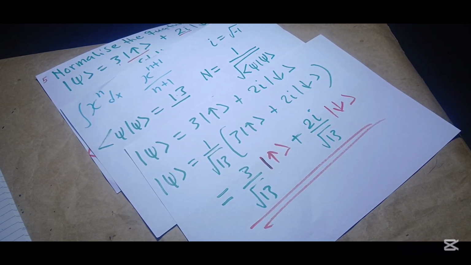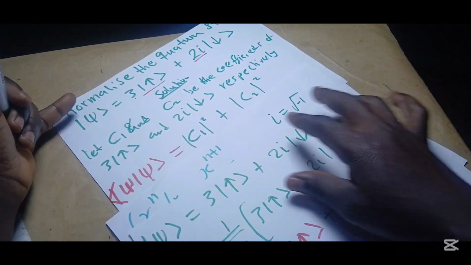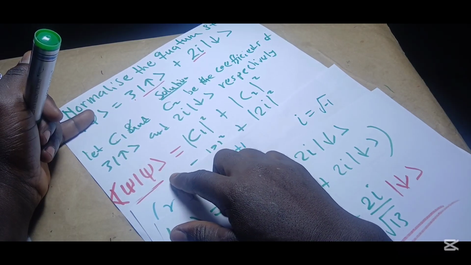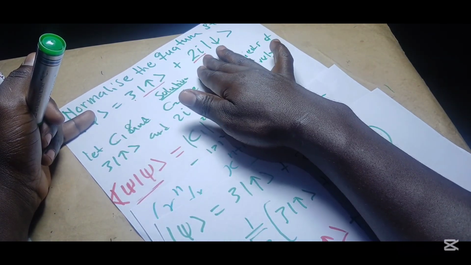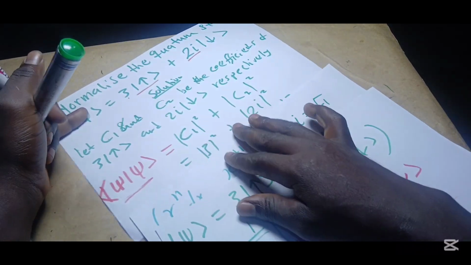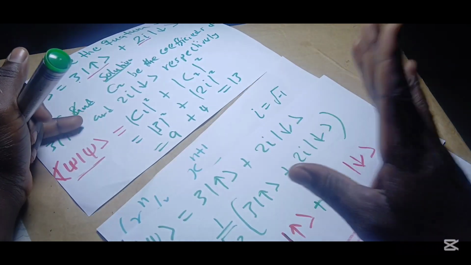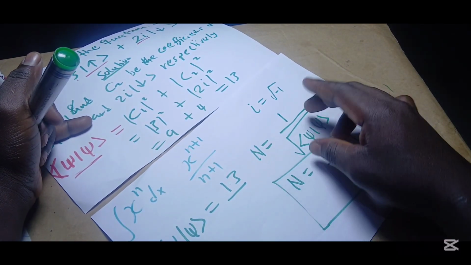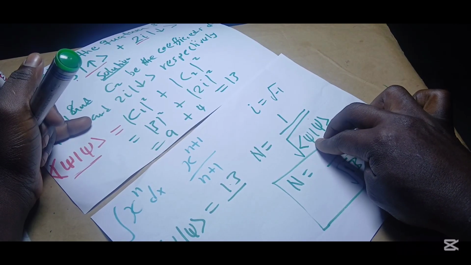A normalized quantum state. So, a quick summary. First of all, you have to calculate your norm, and the norm is equal to the sum of the absolute square of each coefficient given, and that is what we did here, and we got 13. The second step is to calculate your normalization constant, which is 1 over the square root of the norm.